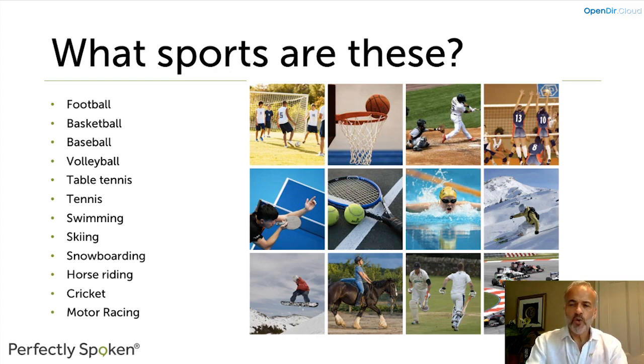Now, what verb do we use with the different sports? For example, with football, what verb do we use? Yes, we play. We play football. Basketball, the same. Normally, if there's a ball, we play.